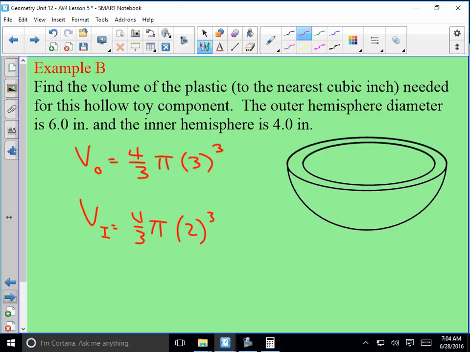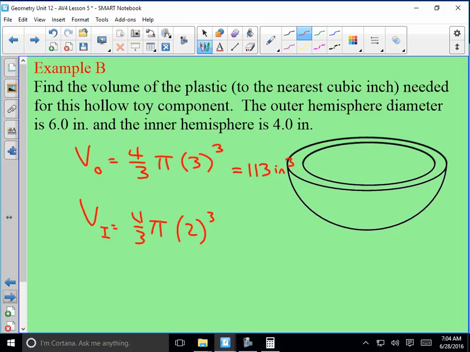So I have 3 cubed, which is 27, times 4 divided by 3, which gives us 36. And then we're going to multiply by pi, and we get 113 cubic inches rounded to the nearest whole inch. Okay, now for our second one, we've got 2 cubed, which is 8.